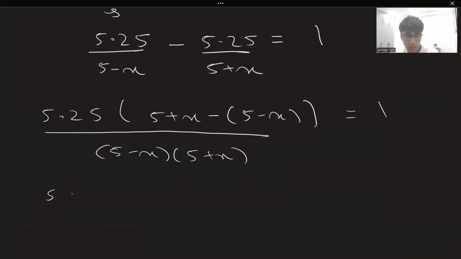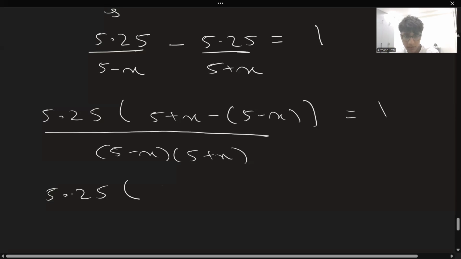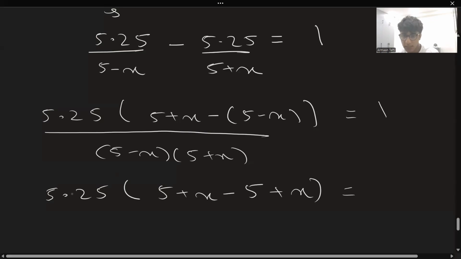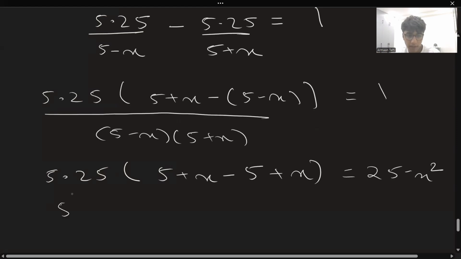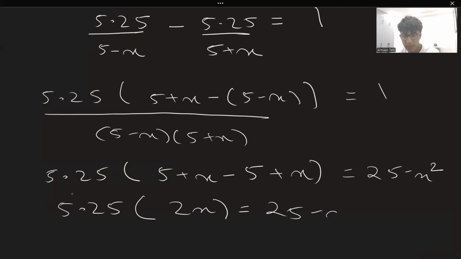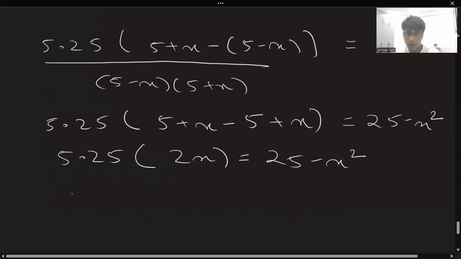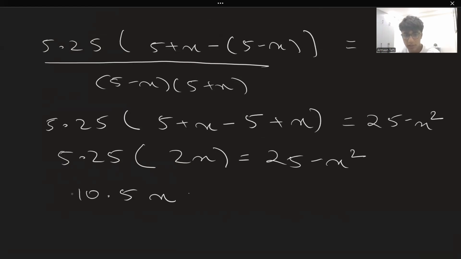We have 5.25 times 5 plus x minus 5 plus x, is equal to, using the identity, 25 minus x square, a plus b times a minus b. And we have 5.25 times 2x is equal to 25 minus x square. And now, 5.25 times 2 is 10.5x, is equal to 25 minus x square.